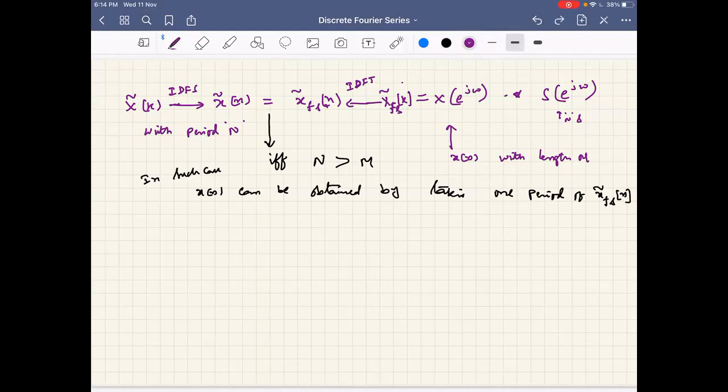This length is m, but you have here n non-zero locations. An impulse train with n samples, or otherwise n non-zero.